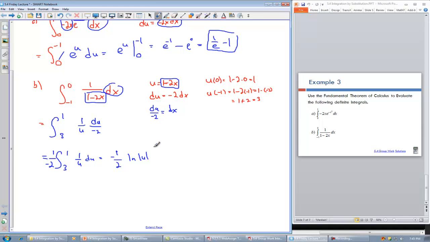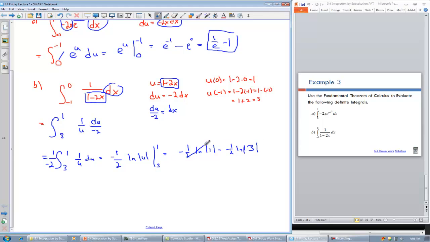I do not need to write plus c because it's a definite integral going from 3 to 1. I plug in the limits of integration, so I get minus 1/2 ln absolute value of 1 minus a minus 1/2 ln absolute value of not 1 but 3, because I plug in the lower limit here. So absolute value of 3.